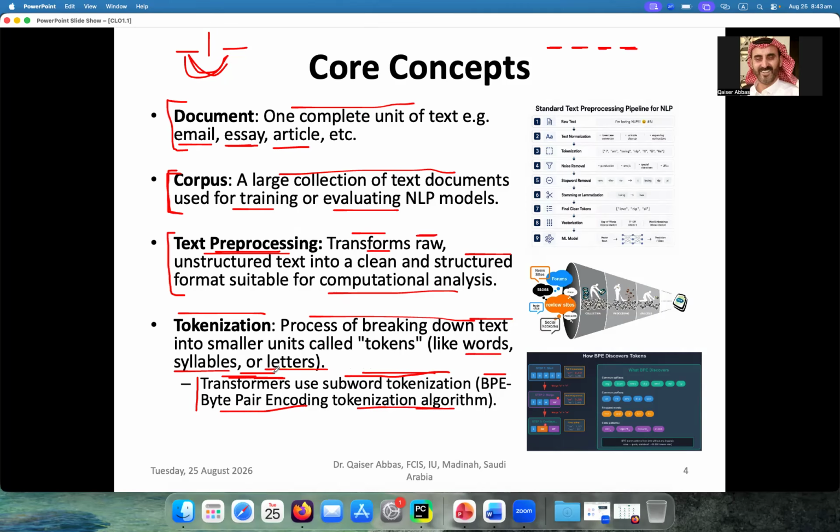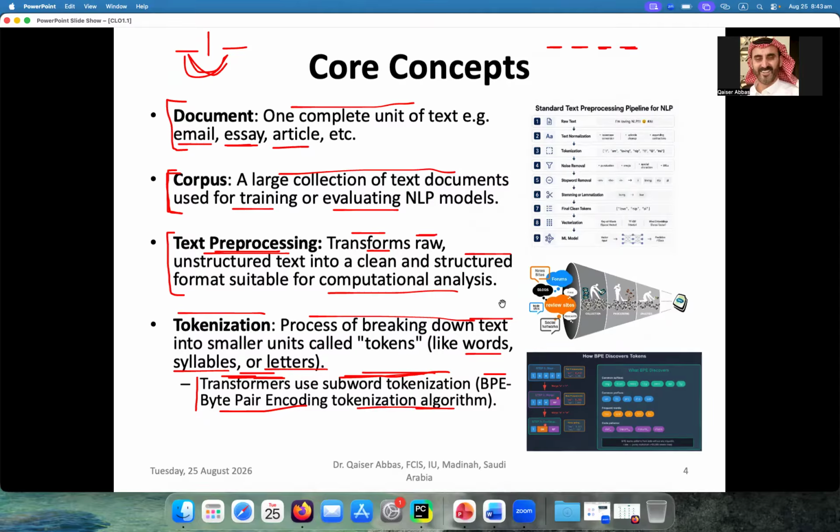The idea in this algorithm is that they are doing subword tokenization. Word and subword: from its name, a subword would be a part of that word.